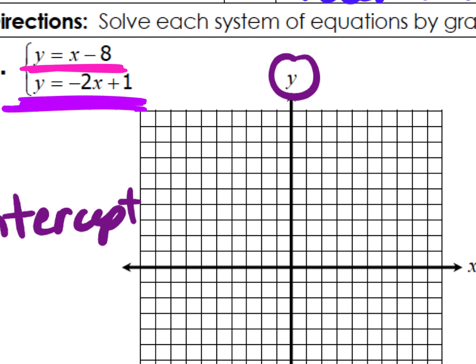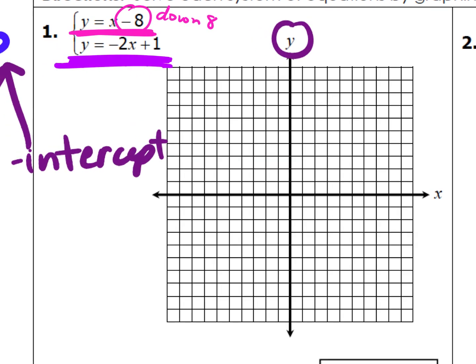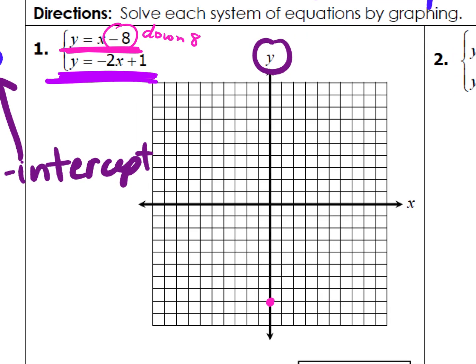In which direction? Negative. You're going to go down, right? If it's a negative 8, you're going down 8. Okay, so on my y-axis, I'm going to go 1, 2, 3, 4, 5, 6, 7, 8, and I'm going to plot that point. Okay, so that's step 1 of graphing your first line. What's step 2 of graphing that line?